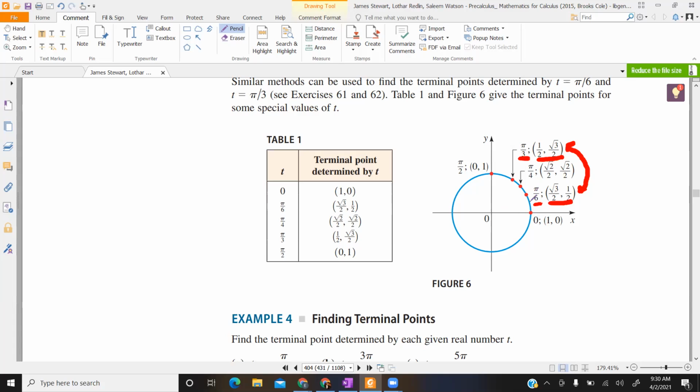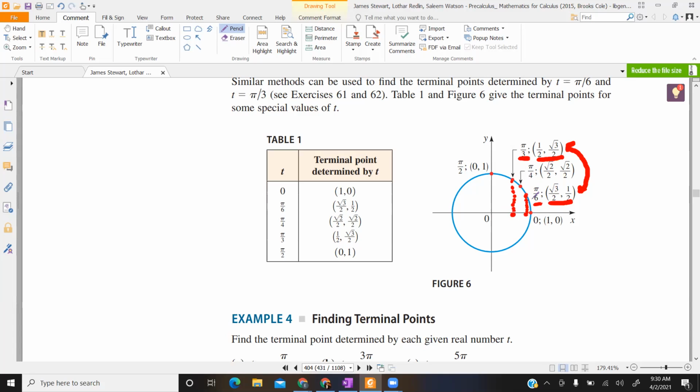This number right here is smaller, so you've traveled less along the circle than you would if you traveled pi over 3. So that means your x coordinate should be big, because if you drop down right here, your x coordinate is big, but this point right here, if you drop that down, the x coordinate is small.